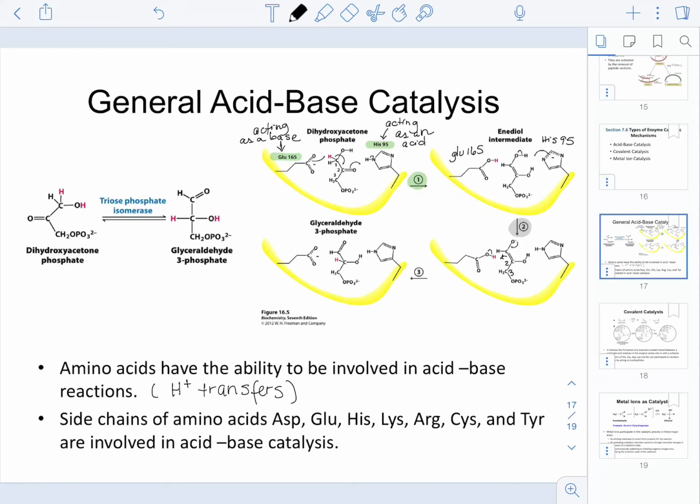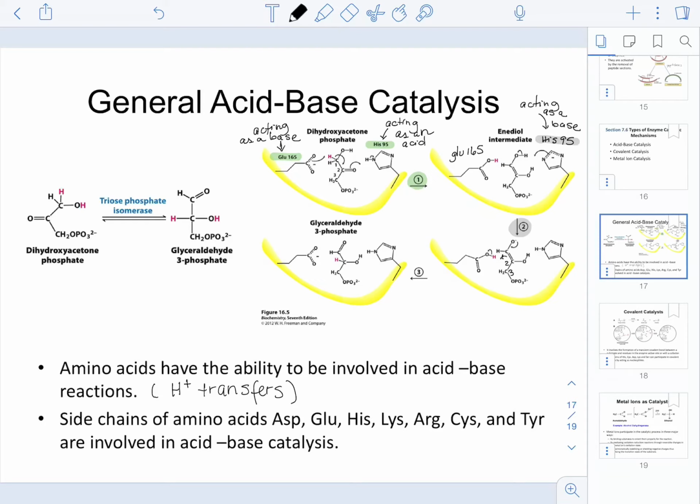In this step, glutamic acid 165 is not involved. On step 2, histidine 95 is going to extract a proton from our ene-diol intermediate. So that means it is acting as a base.